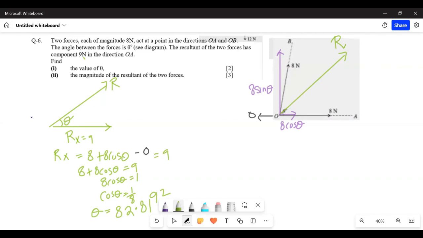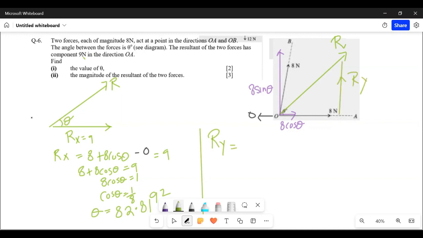Find the magnitude of the resultant of the two forces. Okay, so that means we need Ry, and then we're going to apply Pythagoras on Rx and Ry. So Ry is going to be, this is the direction of Ry. So the upward Ry is 8 sine theta.